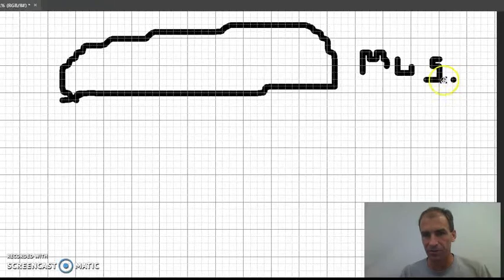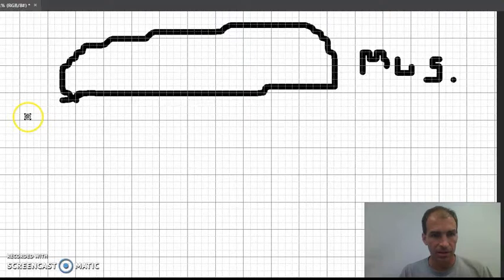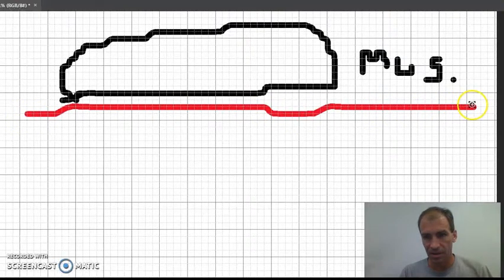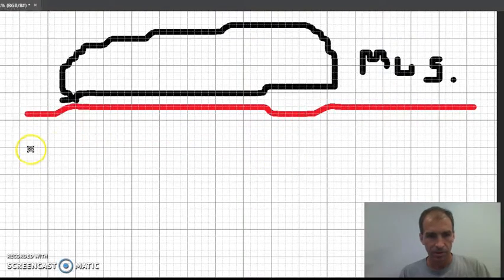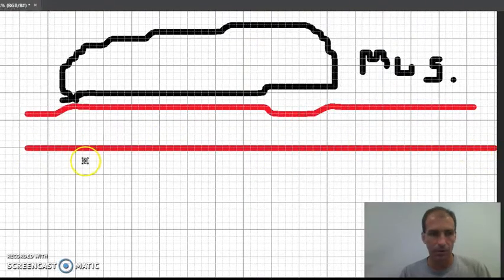So there's our muscle cell. And then let's pick a red. That makes sense, right? And this is our capillary. Let's draw that right here.